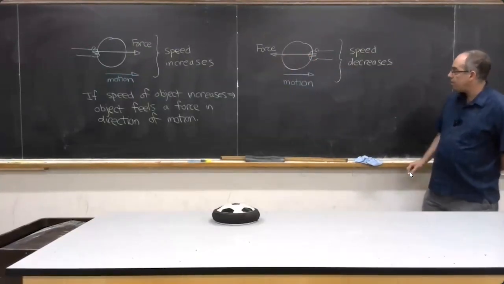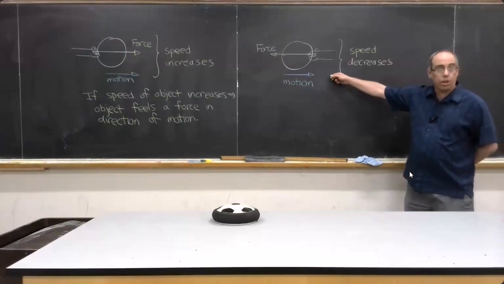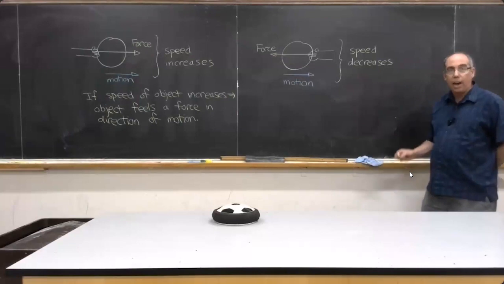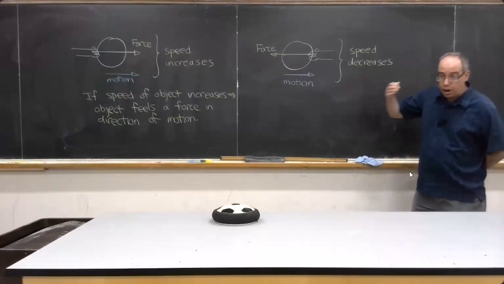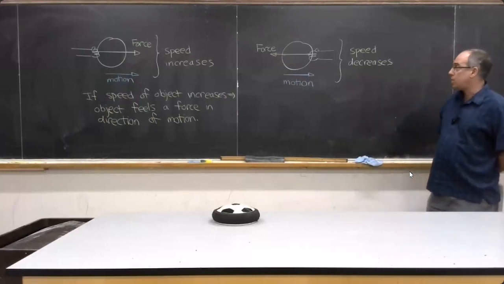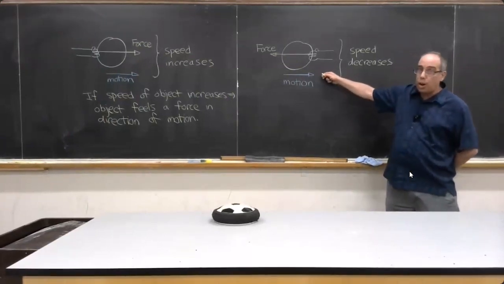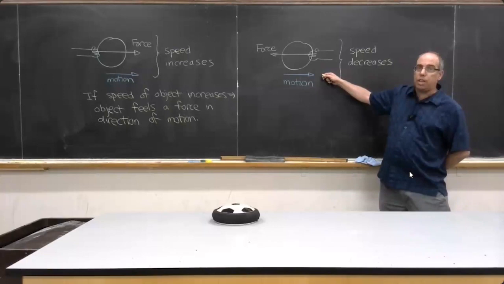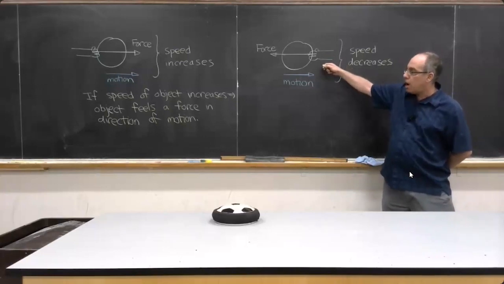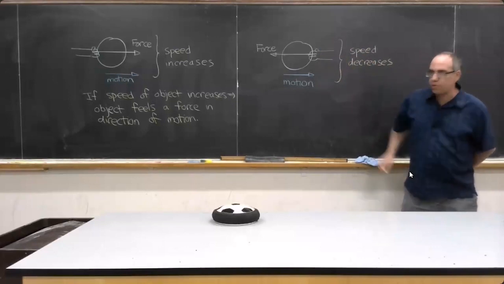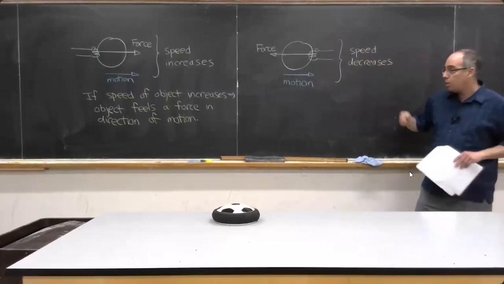On the other hand, let's say you're out in the world, maybe standing on a sidewalk, watching cars go by, and all of a sudden you see a car start to slow down. What does that tell you? Well, when you see an object getting slower, that tells you that that object is experiencing a force opposite the motion. Okay? So taking what we learned from this video and turning it around, what does that tell us?